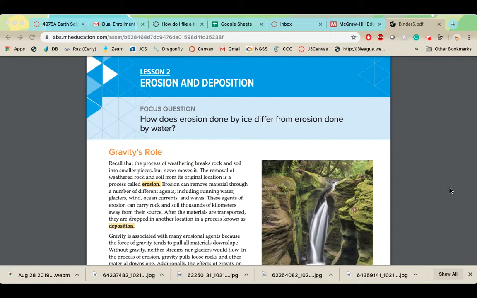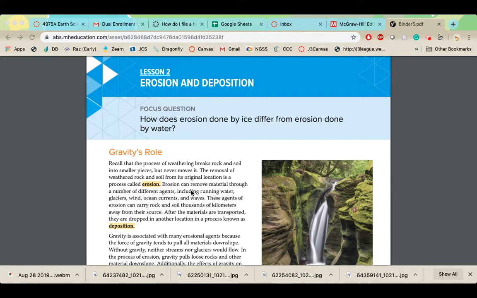But erosion usually happens because something, and we're going to go over it, is having some kind of effect on breaking something else down. Let me give you some examples, listed here in your book: water, glaciers, wind, ocean currents, waves.